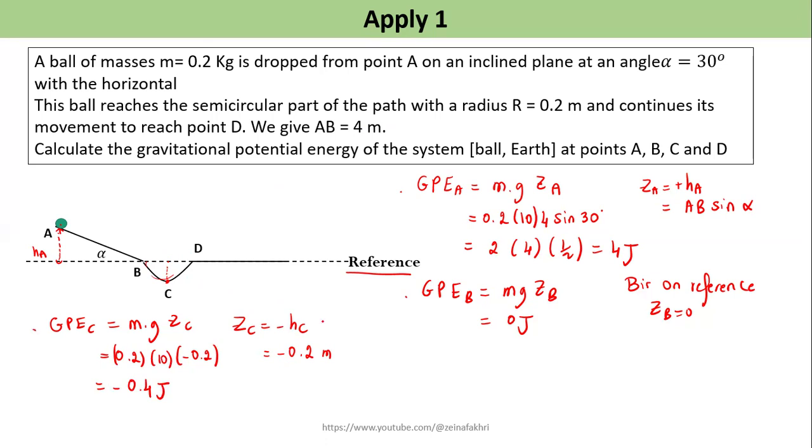We still have to find it at the point D. So GPE at the point D equals mgzd. Here also D is on the reference. So this means that Z of the point D is equal to 0. So GPE equals 0 joules.